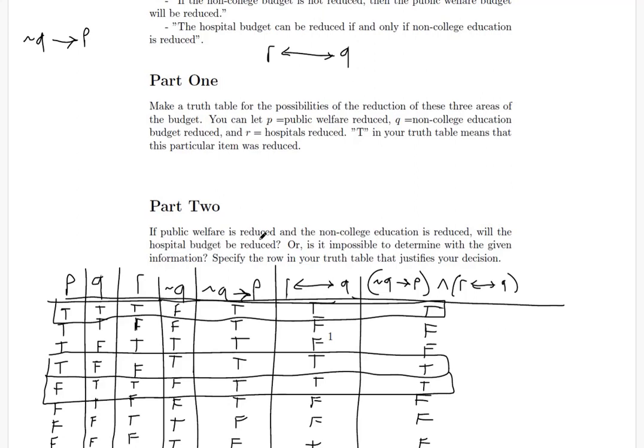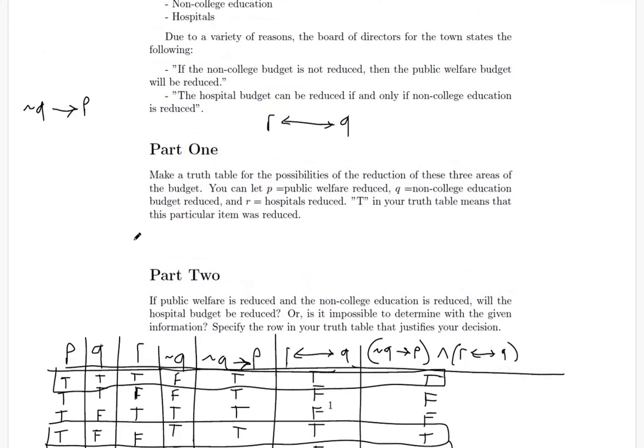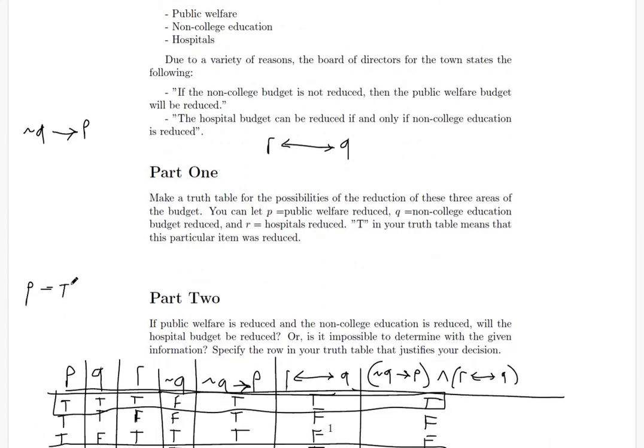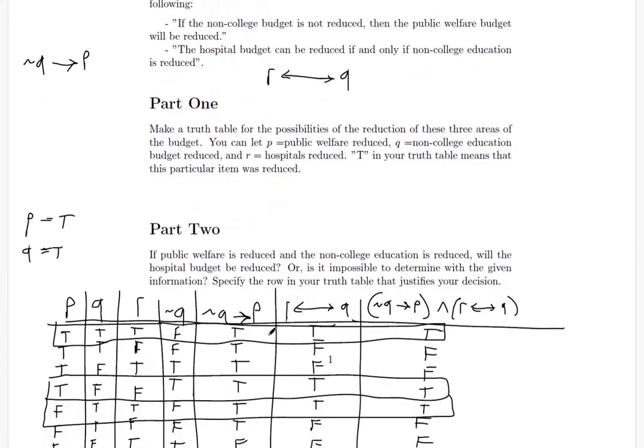Part two says the public welfare is reduced. So public welfare was P, I think. Yeah. So if P is true, and if non-college education is true, non-college education is Q, so Q equals true. So if this is true, will hospitals be reduced? What we need to do is find out in our table where P is true and where Q is true. P is true, Q is true is right here. And it's also true down here, but we're ignoring this second row because this would violate one or both of those board conditions.